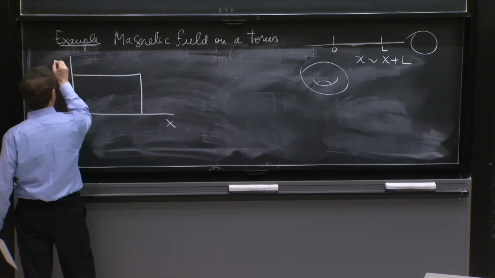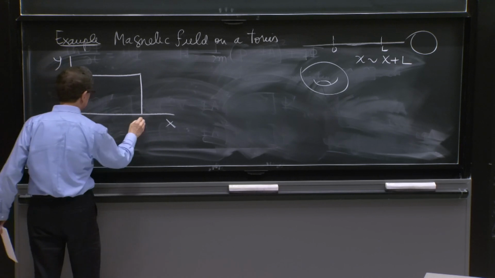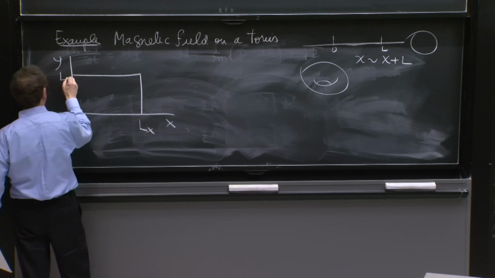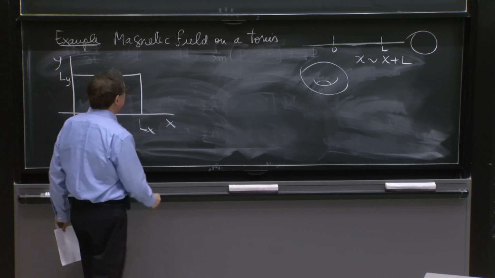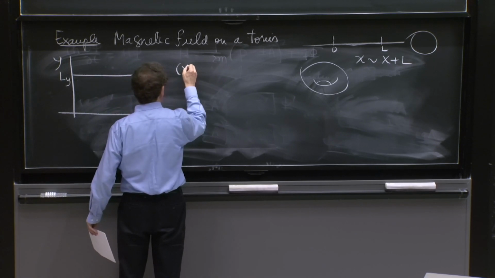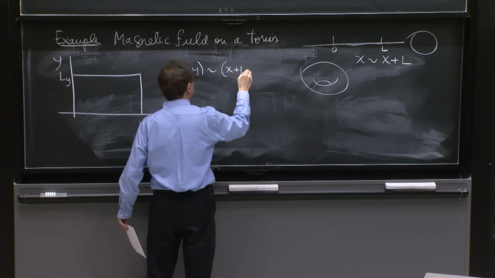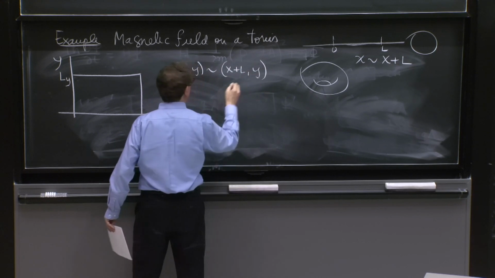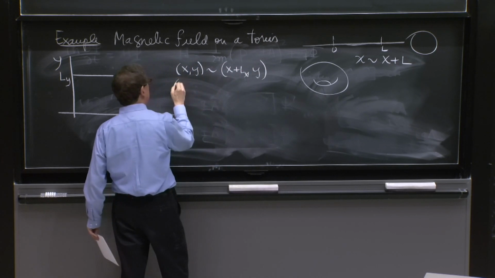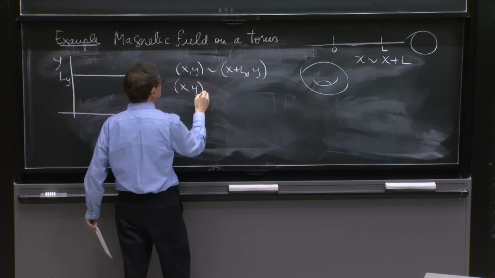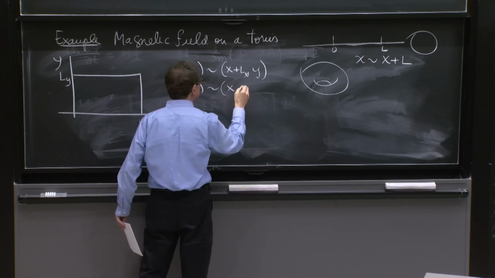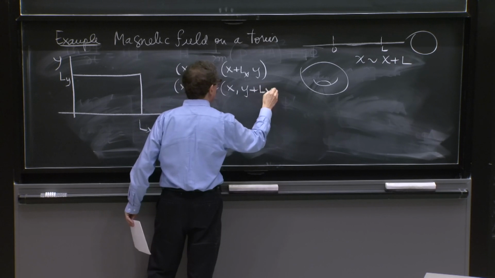Here is the x-axis, here is the y-axis, here is Lx, here is Ly. And we say that any point (x, y) is identified with (x plus Lx, y). And every point (x, y) is identified with (x, y plus Ly).